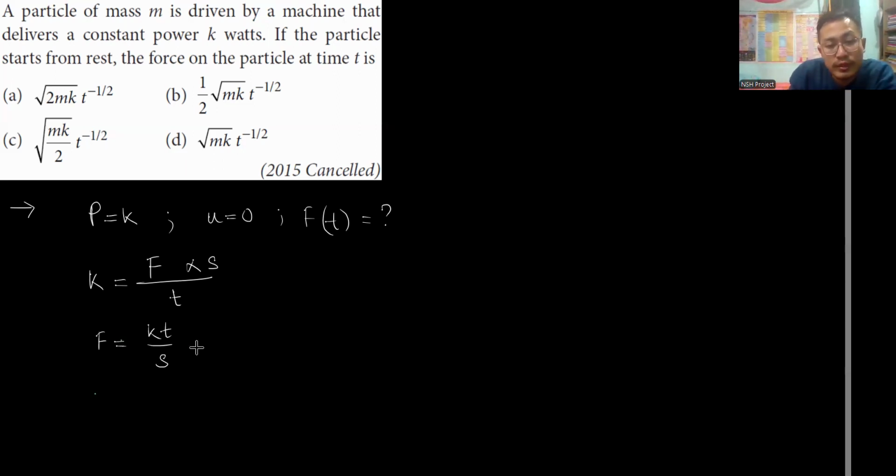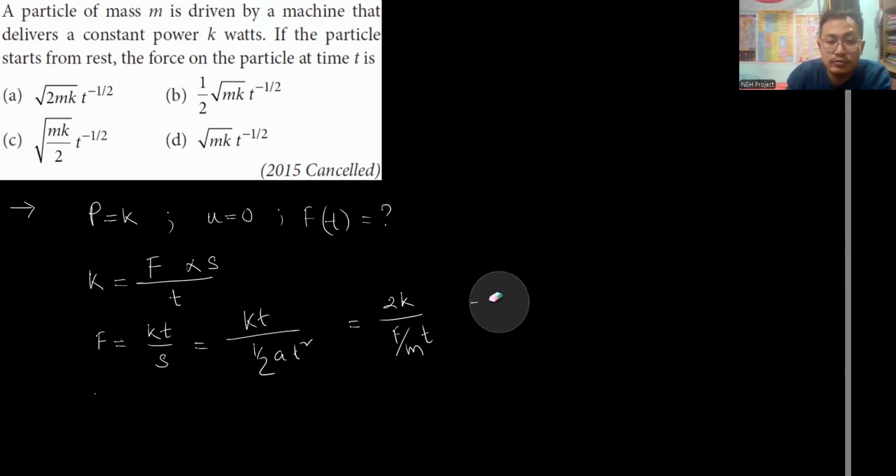So can I write kt by half a t square? That gives 2k by a, and a is f by m.